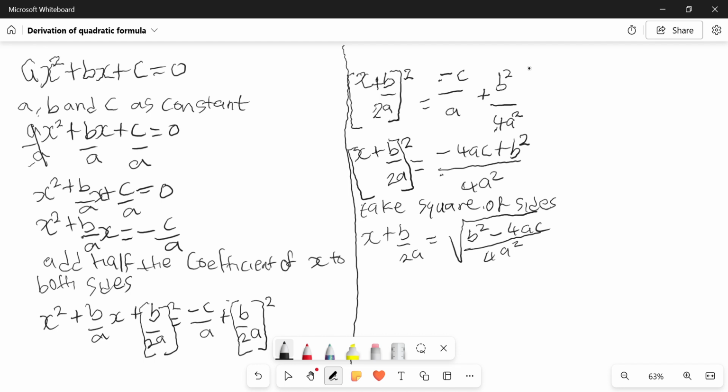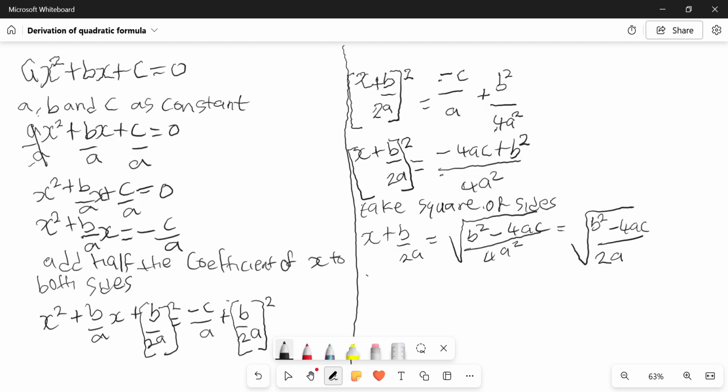So all over 4a squared will give you your root b squared minus 4ac all over, so the square root of 4 is 2, and also the square will cancel from a, so it becomes 2a.